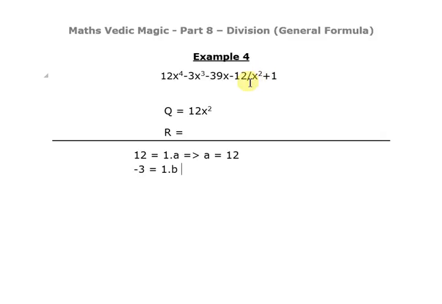So that gives us b equal to minus 3, so that will be minus 3x.